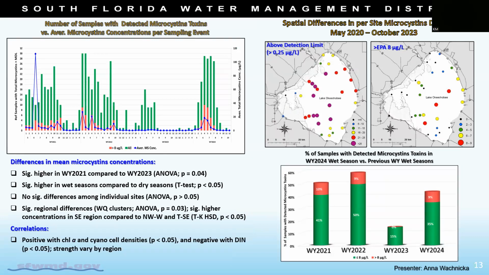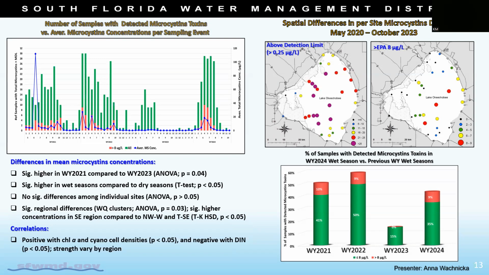We use certain standards to define how severe the toxicity of the water is. We use the EPA standard for recreational water, which is 8 micrograms per liter for microcystin toxins. So basically, it's the same thing.